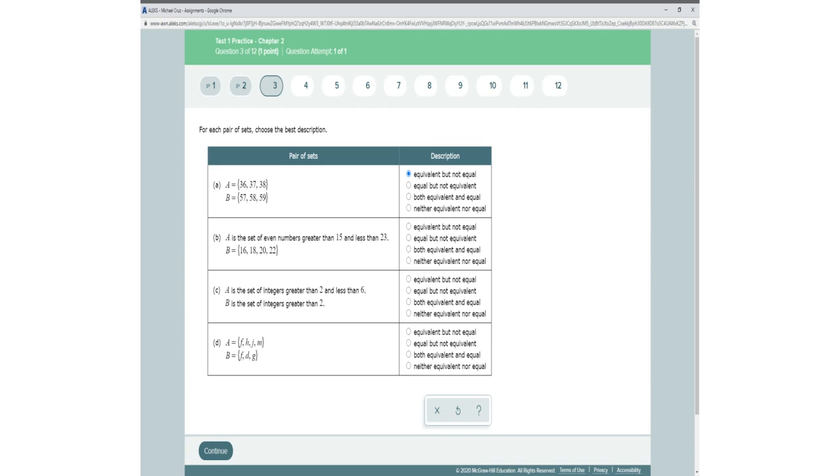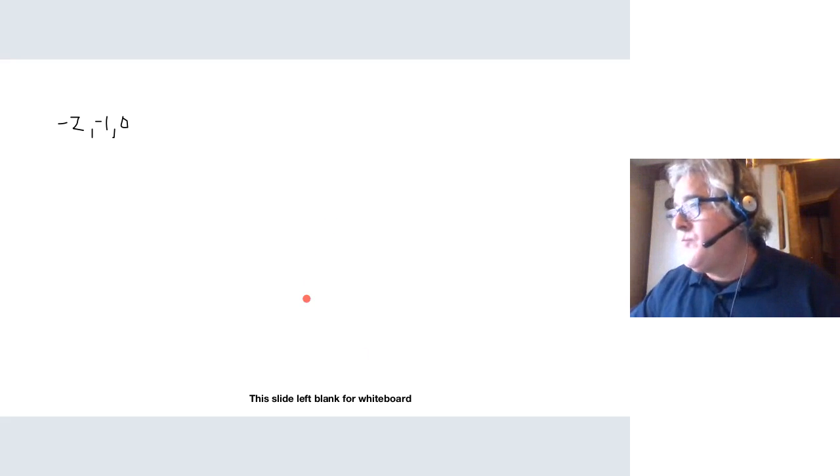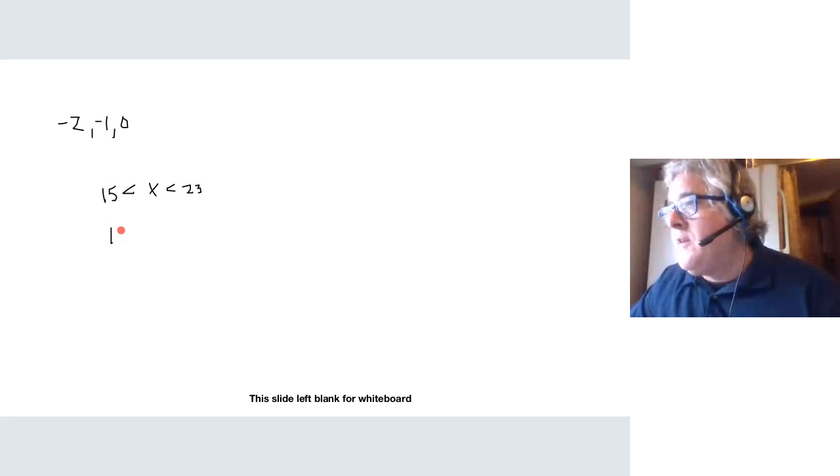There's no equal there. So it's going to be 16, 17, 18, 19, 20.